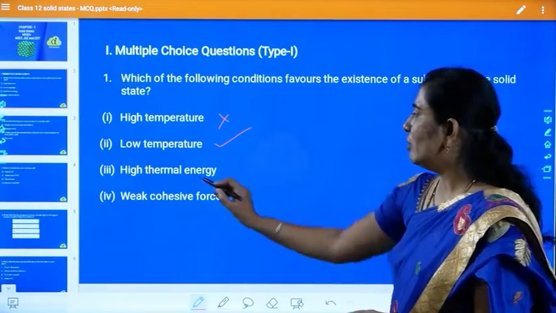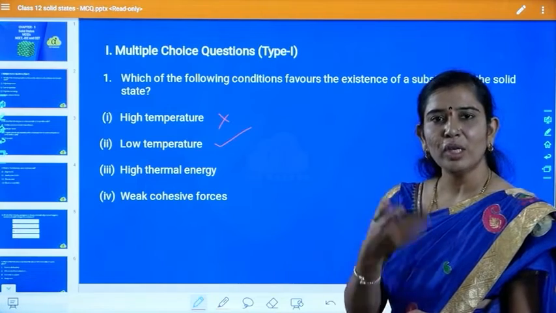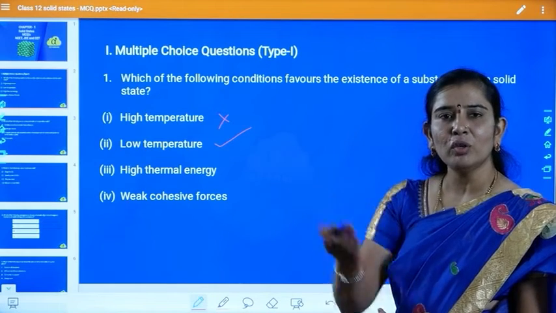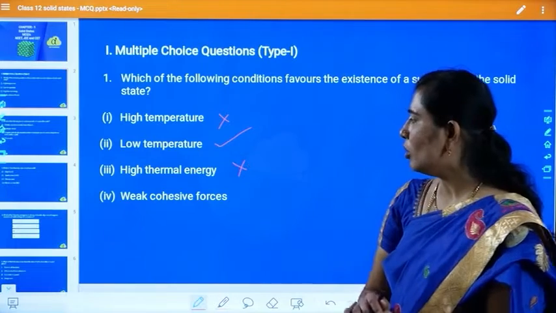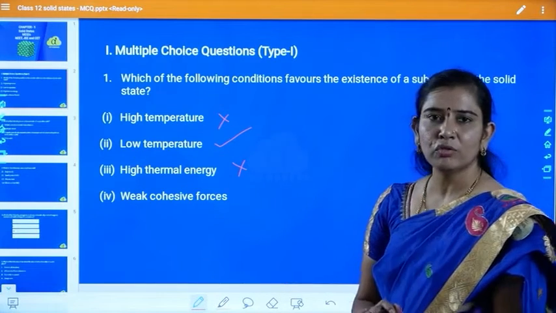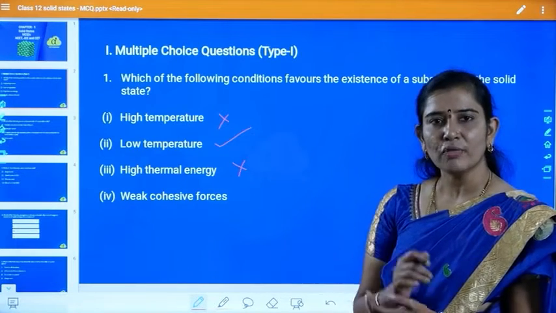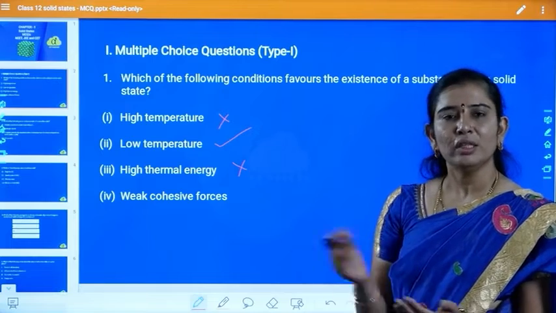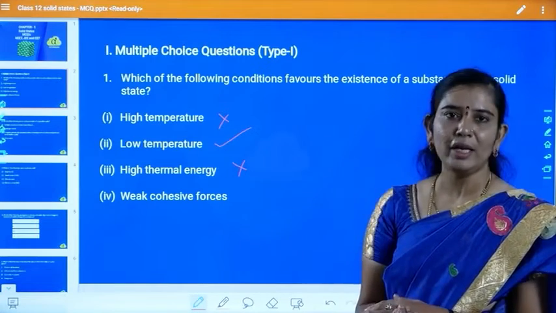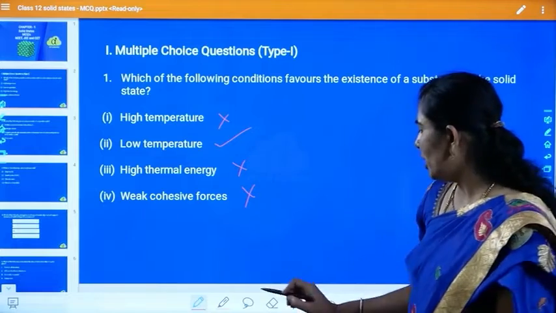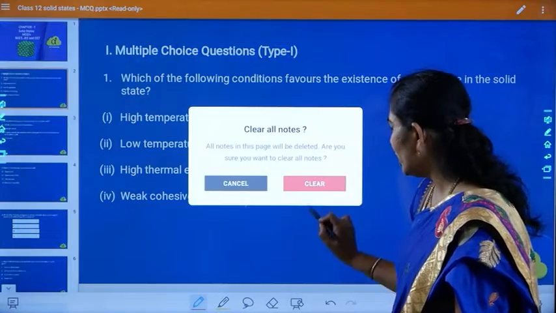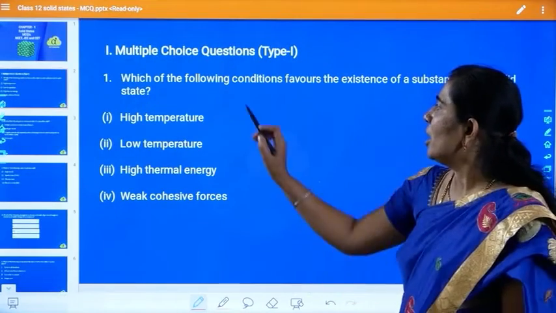Fine. Then what about high thermal energy? When you give high thermal energy, again mobility takes place. So this will also not hold good. Weak cohesive forces: if force of attraction is very weak, then constituents can move randomly. So this option also will not hold good. So what is the conclusion now?